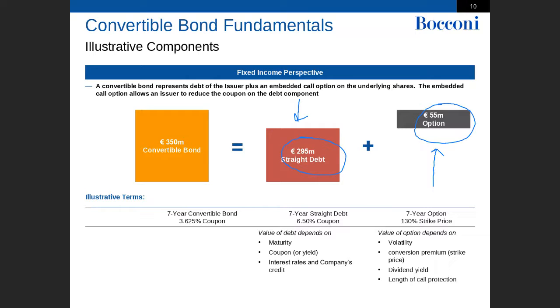In other words, if you have all the ways to enrich the option, longer maturity, low premium, full dividend protection, and so on and so forth, de facto the lower will be the coupon of the convertible.